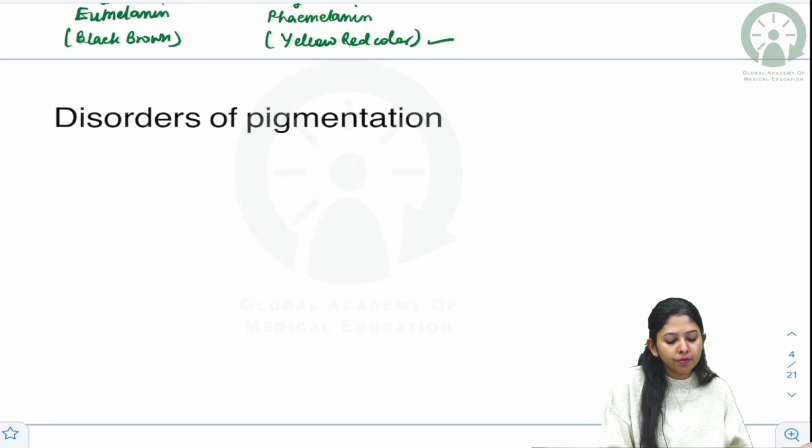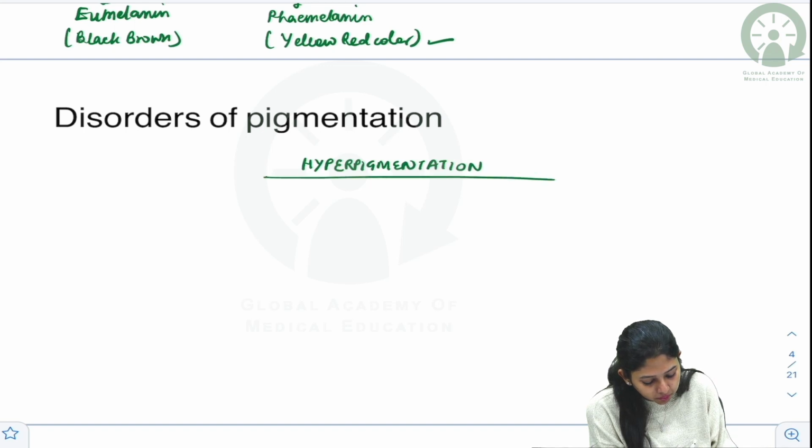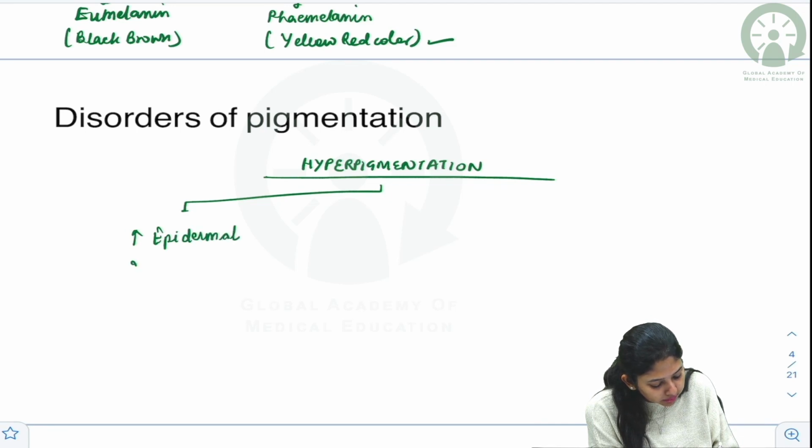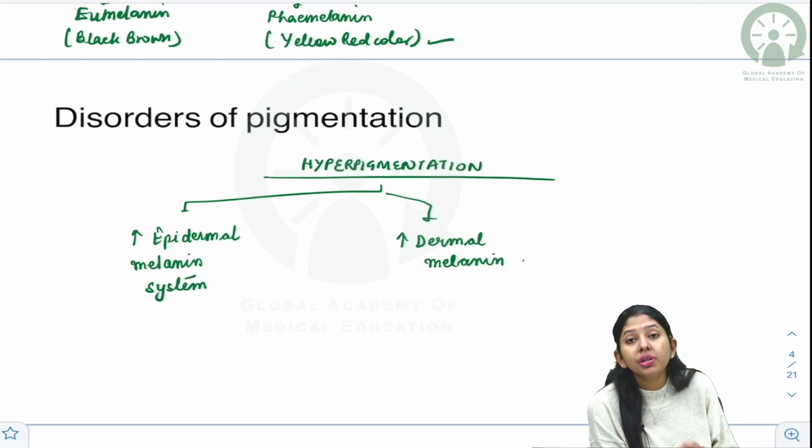Now see, disorders of pigmentation can be due to hyperpigmentation, can be due to two pathologies. It can be due to increased epidermal melanin synthesis, right? Or there can be an increase in the dermal melanin. Now, how is melanin going to reach the dermis?